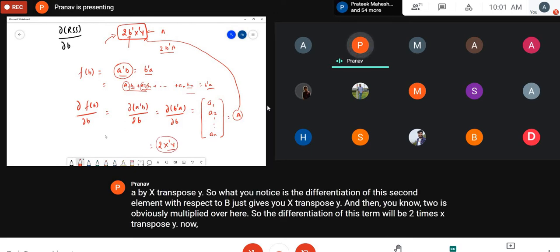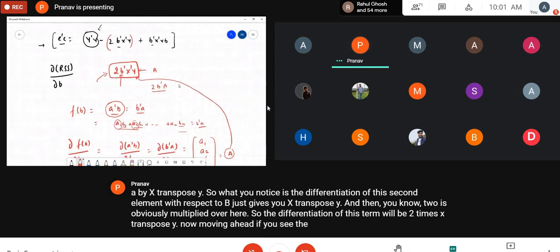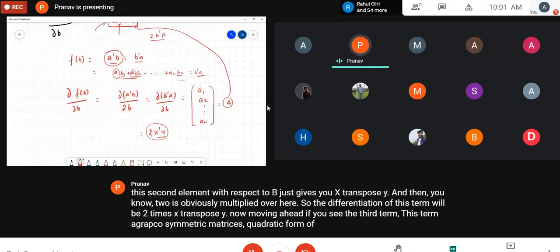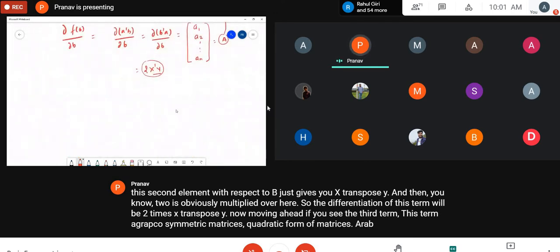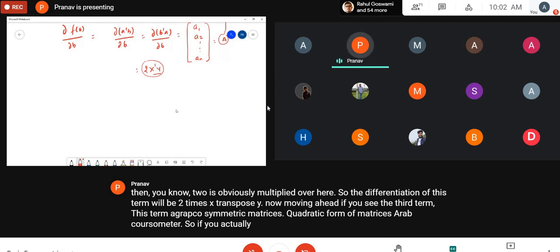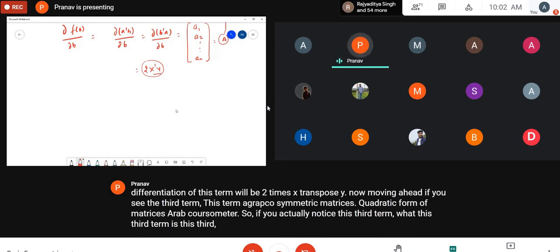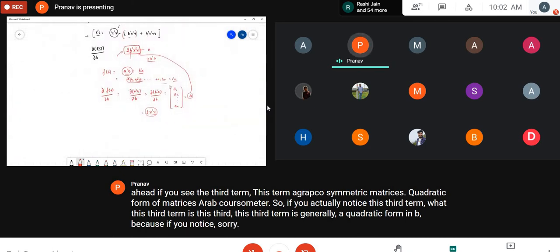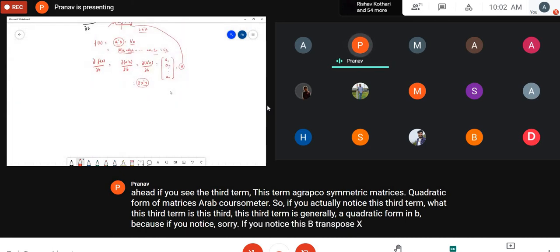Now, moving ahead, if you see the third term, if you remember a little bit of what we discussed about symmetric matrices and quadratic forms of matrices, if you notice this third term, it is generally a quadratic form in b, because you have b transpose x transpose x b.